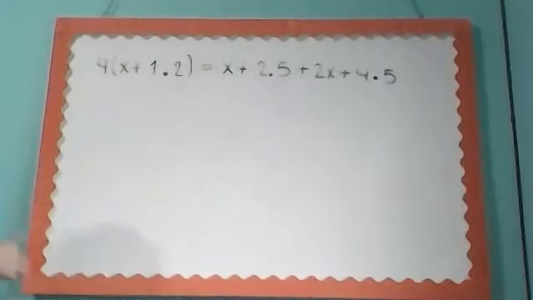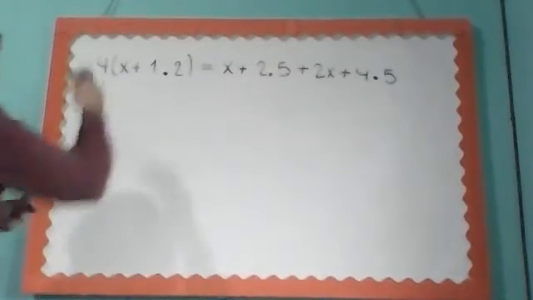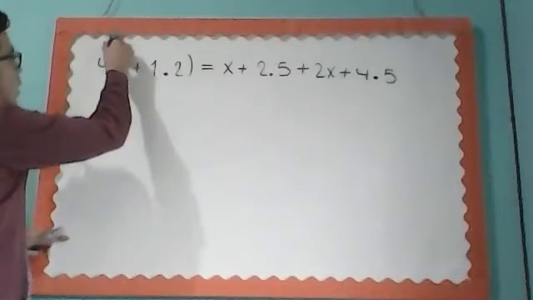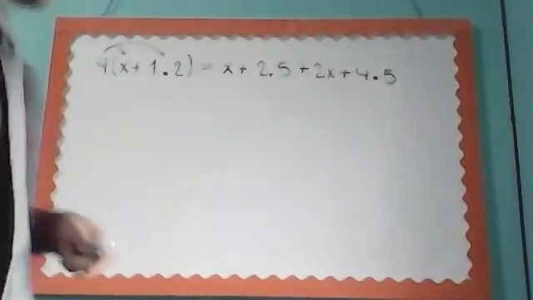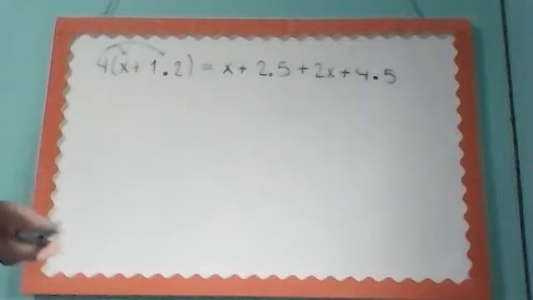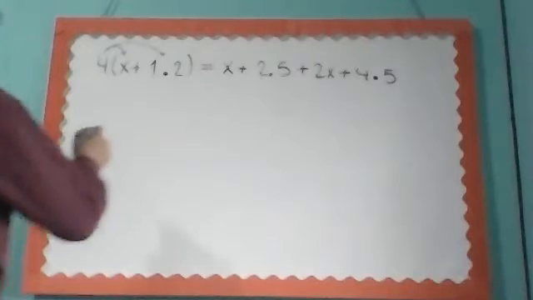What we are going to do first is multiply the 4 that is affecting the x and the 1.2. What is the result of 4 times 1.2? It's 4.8.